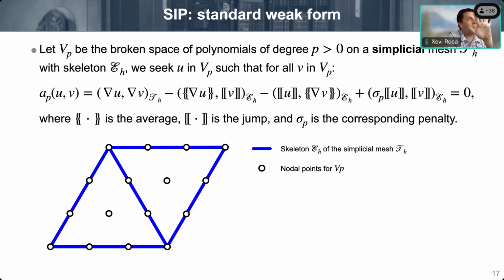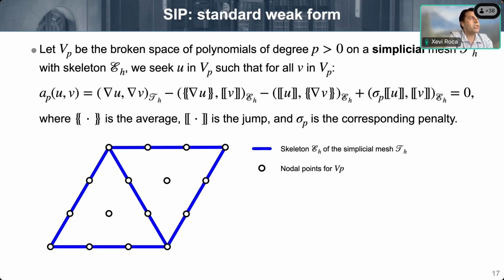Some of you will be used to linear forms and weak forms and so on, and some of you are not working that much on that. But all I need from you is to take a look at the first term on the left, which is a volume term because it's an integral on all the elements of the mesh: you have gradients of u and gradients of v. In the second term, you have gradients of u.